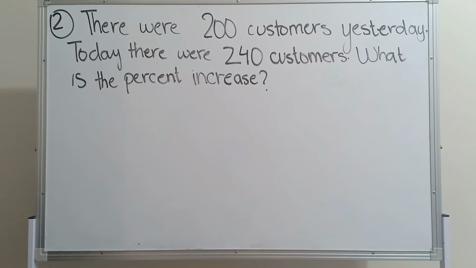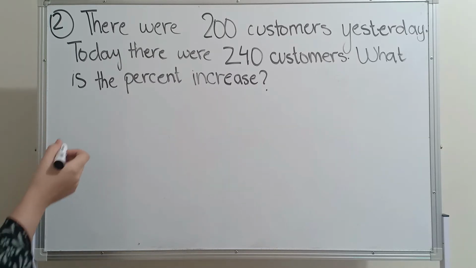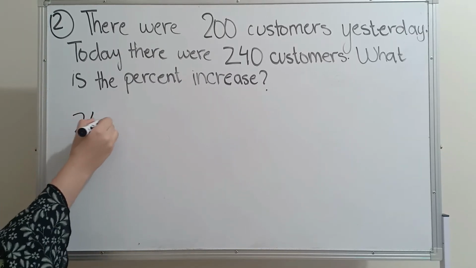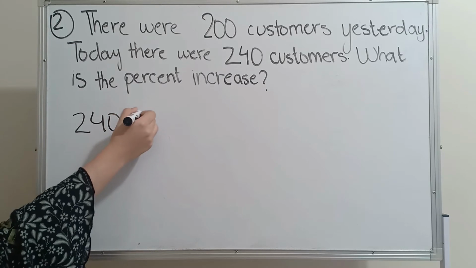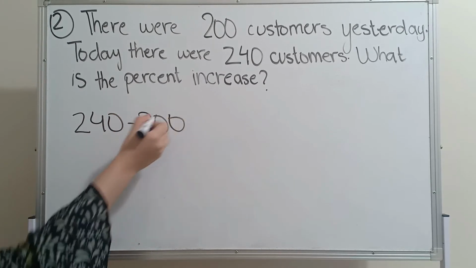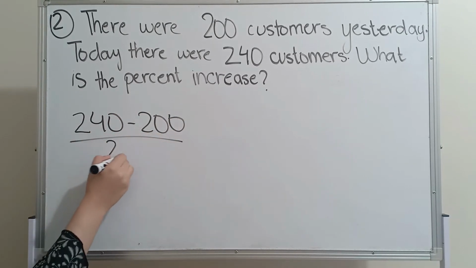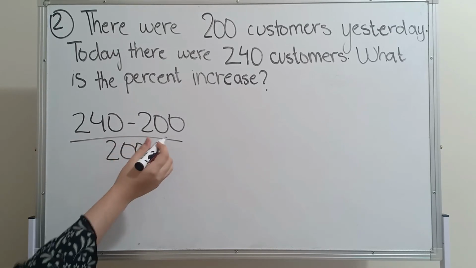Now 200 is the original one, because it was talking about yesterday. And now we need to find the percent increase. So the increased one is 240. So 240, subtract 200, and you divide it by 200 because that's the original one.